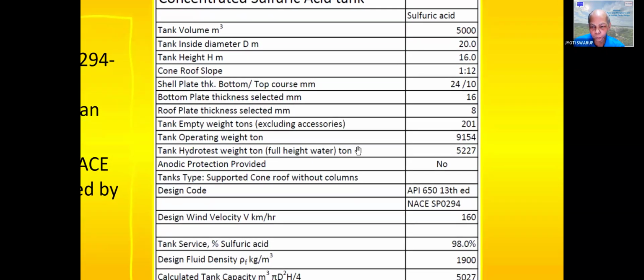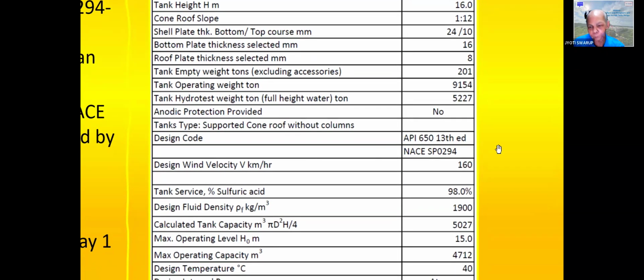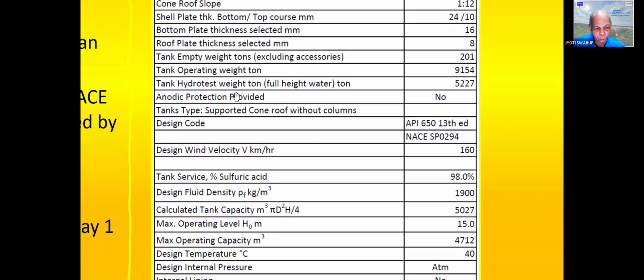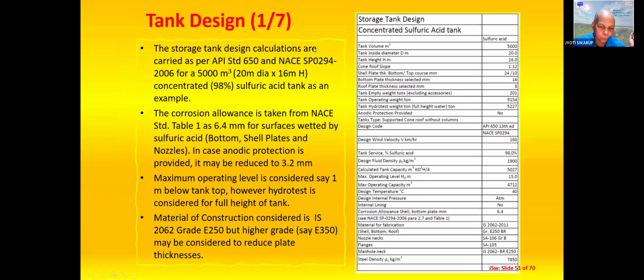These are the final conclusions of the design, and so on. The code used is API 650 and the design code is NACE SP0294, for a design wind velocity of 160 kilometers per hour, for 98% sulfuric acid. So we are talking of this tank design as we proceed through these 7 slides, which are for tank design.